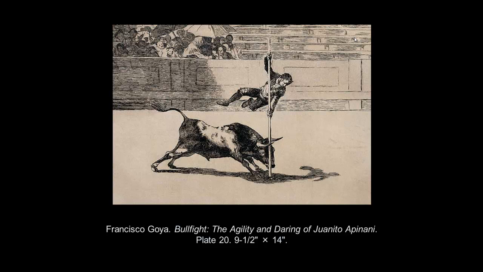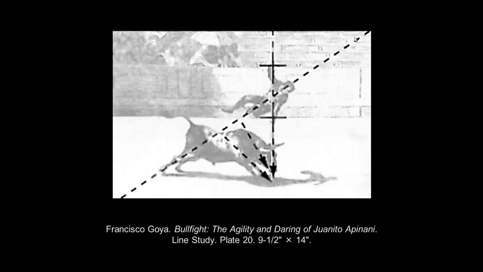Here's a print by Francisco Goya, Bullfight. When we first glance at this piece, it may not feel very symmetrical or balanced, but it is, because, well, for one, it feels balanced. Remember that it feels balanced is how we know it's balanced, but we can use these rules to talk about it. So here is one of the breakdowns.